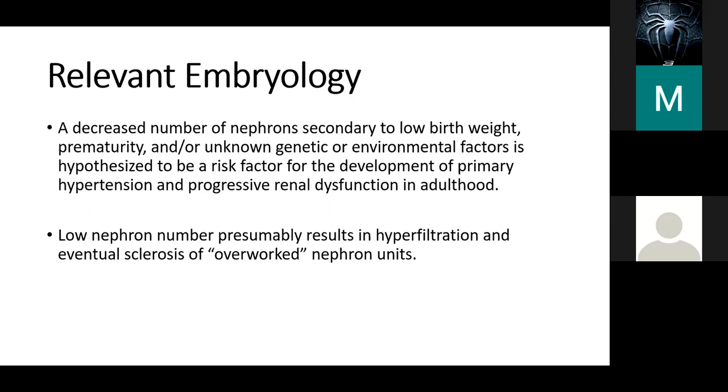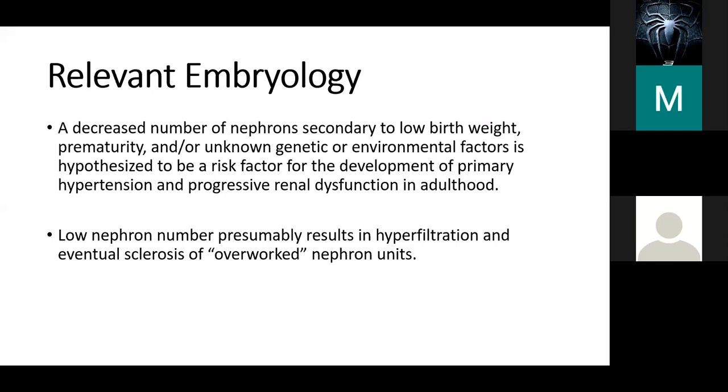So you can also have a decreased number of nephrons due to low birth weight or prematurity. Like I said earlier, the maturation is completed by 36 to 40 weeks of gestation. So preterms are at increased risk of immature nephrons. And this is a risk factor for the development of hypertension and progressive renal dysfunction.